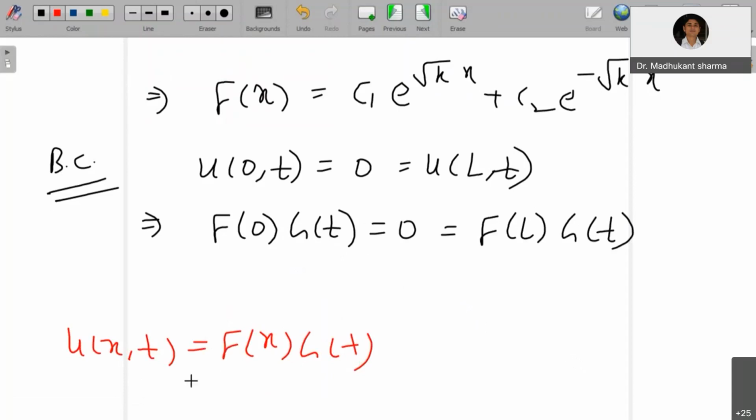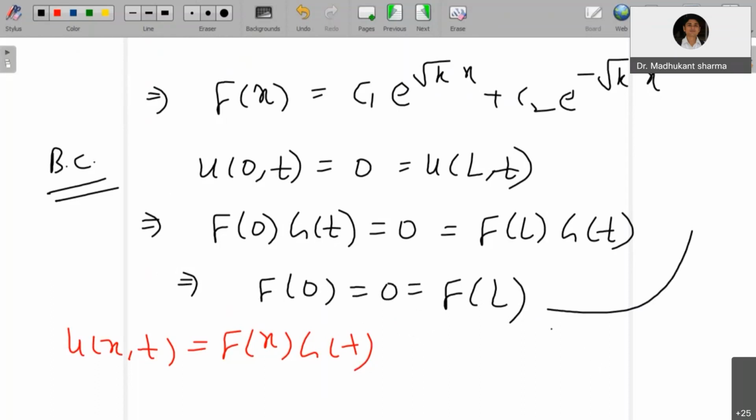So if g of t is 0, there is no vibration, there is no wave at any time. That you don't want to be the case. So g of t is never 0. So this will lead to the condition f of 0 equals 0 equals f of L. So you have two conditions now for this capital F function.